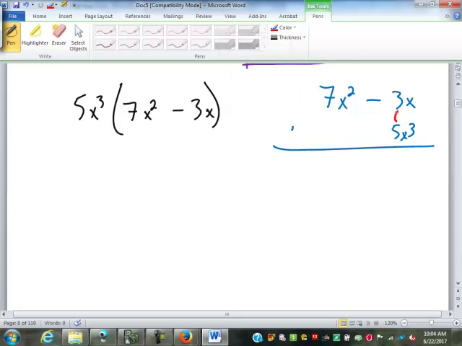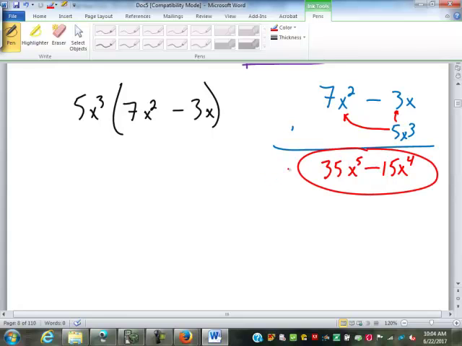Then we multiplied out each piece. 5x to the 3rd times negative 3x, negative 15x to the 4th. 5x to the 3rd times 7x squared, 35x to the 5th. That is the full way of doing it, the actual way of doing it.